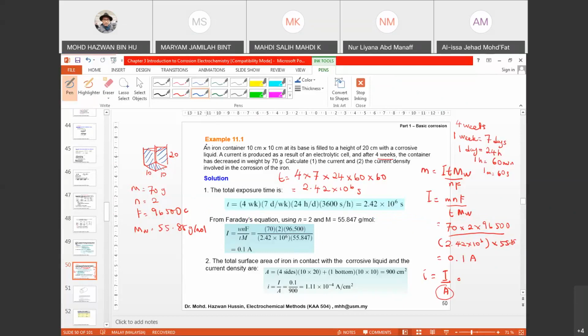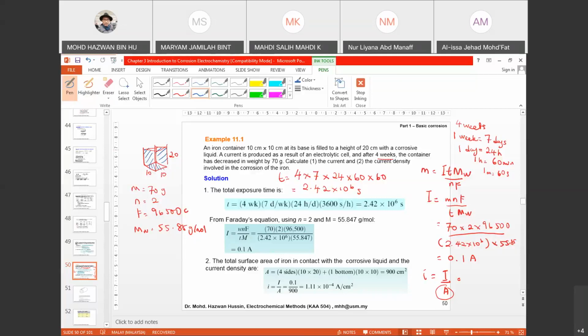Liana, what do you think? So we have one base and 4 sides. Yeah, 4 sides because it's actually a container, like we assume it's a cube or cuboid, right? Okay, you have 4 sides and then we have one base.